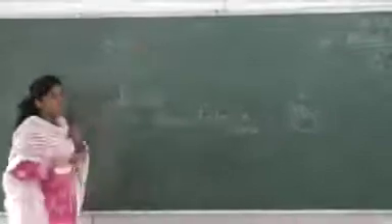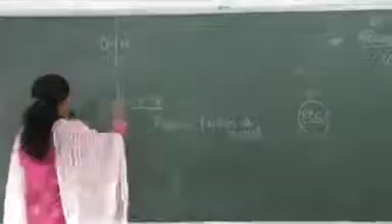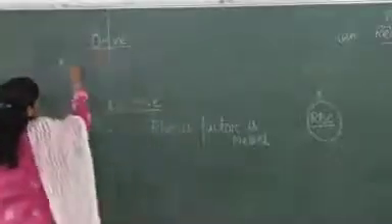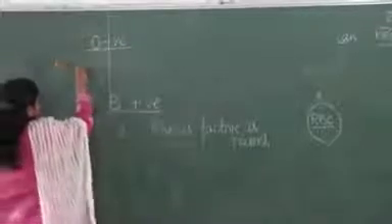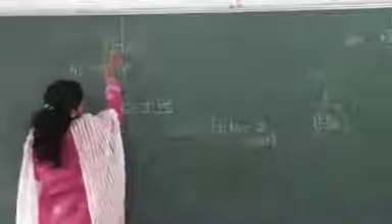Okay, if I'm talking about a person who is O negative, how will you interpret O negative? What kind of antigen does he have? He has no antigen. I'm explaining O. Is it clear?